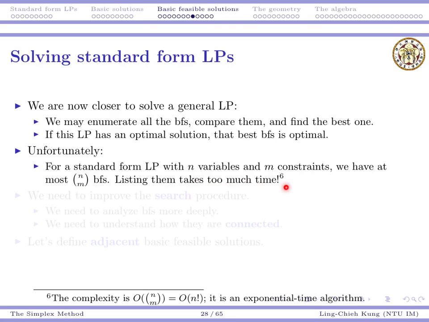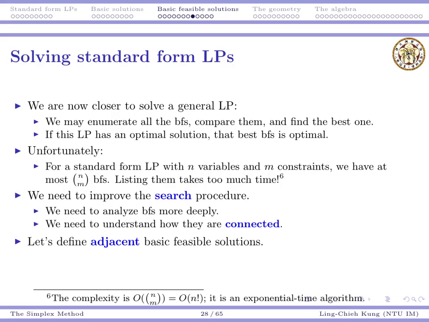If you know something about complexity of algorithms, you know big O of n choose m is roughly big O of n factorial. And that means if we want to enumerate all the basic feasible solutions, that would take exponential time in the worst case. Okay? So that's not really possible, or I should say that's not really practical.